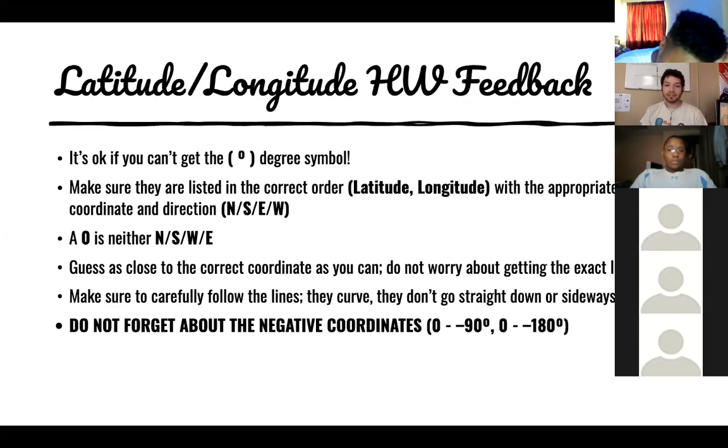Also, guess as close as you can to the correct coordinate. I know the maps are fairly small, the numbers are very close together, and the dot would probably be somewhere in between two lines. You have to guess which number. Guess as closely as you can. The point is that you are accurate, but don't stress out about it. Don't stress like, oh my God, if I'm off by 1 or 2, I'm going to get it wrong. I'll give you some leeway for that.